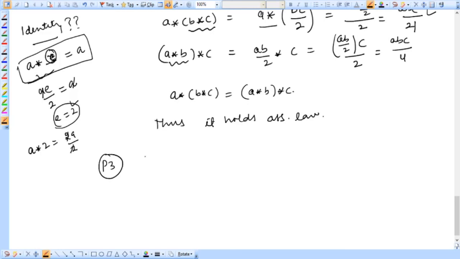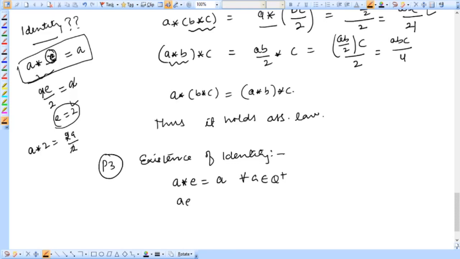So let me write it here: existence of identity. a star e must be equal to a, for all a belonging to Q positive.